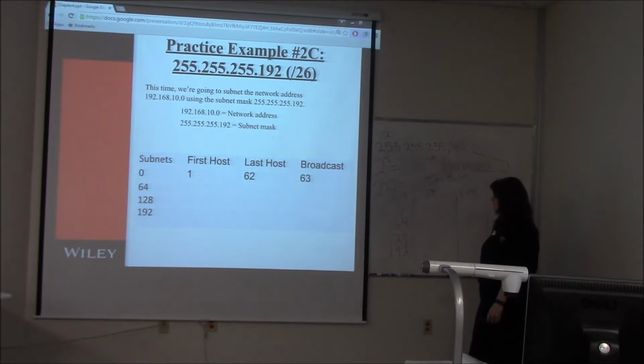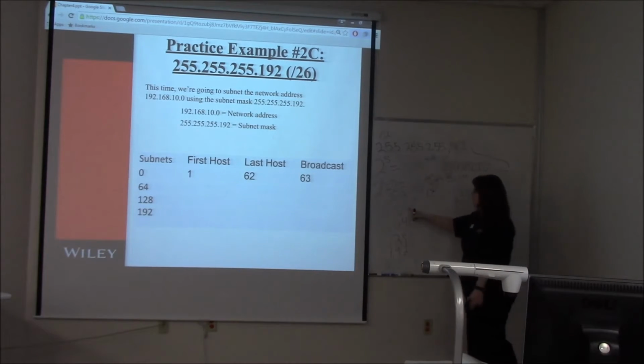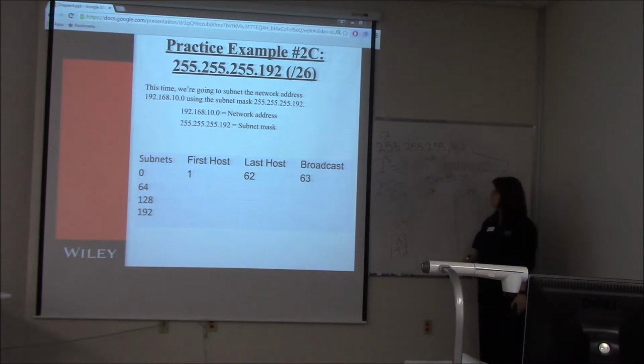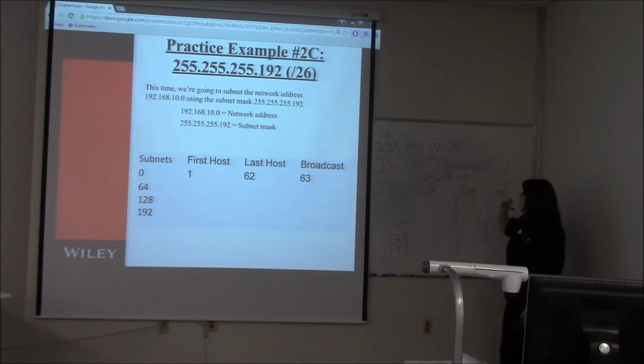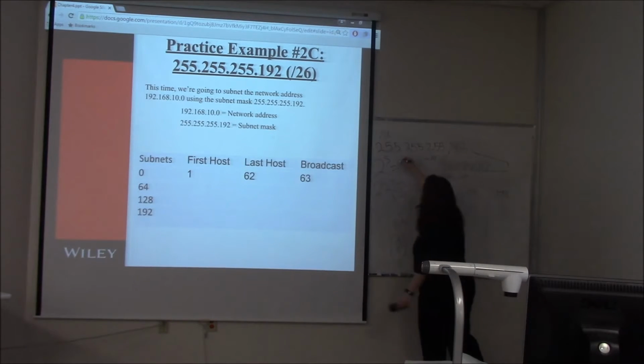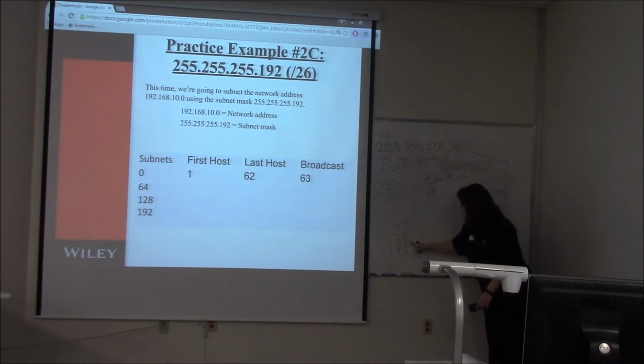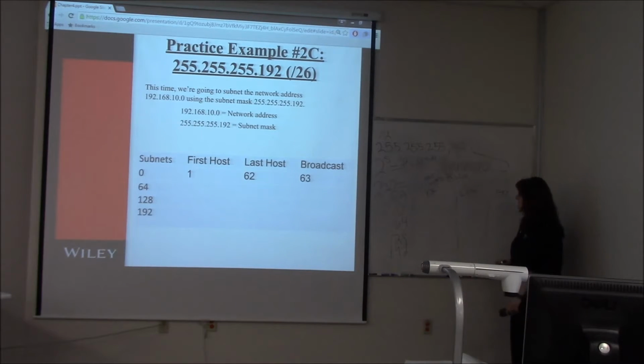Yes, because then we hit 256 again. So we've taken our increment value and we're starting with our initial 0 and adding 64 every time we go down. So didn't we say earlier that we had 2 to the 2, which was 4 subnets? 1, 2, 3, 4. Right?